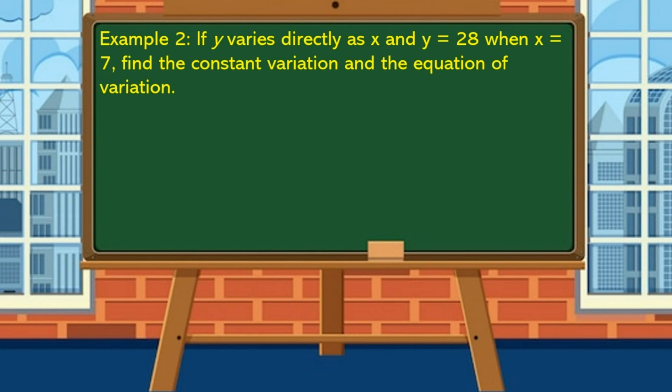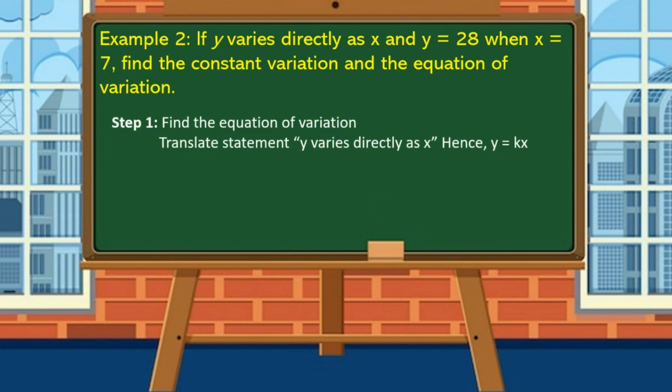Next, let's have example number 2. If y varies directly as x and y is equal to 28 when x is equal to 7, find the constant of variation and the equation of variation. Let's have step number 1. Find the equation of variation. Translate the statement.